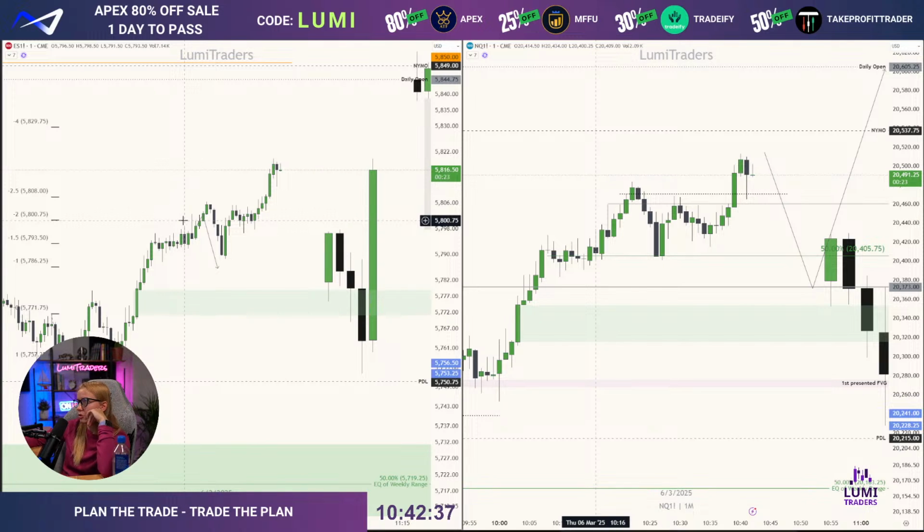Once again, no way they will not retrace from the four fair value gap and the hourly fair value gap. No way. I refuse to believe in this.